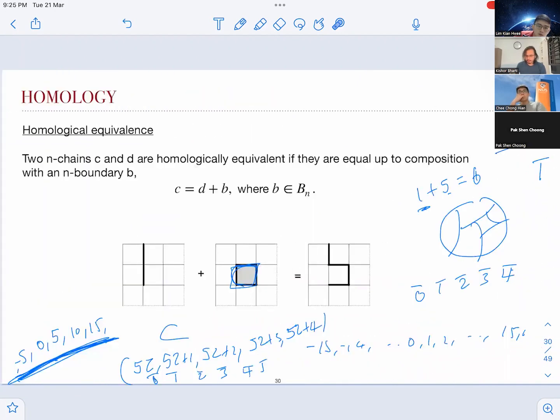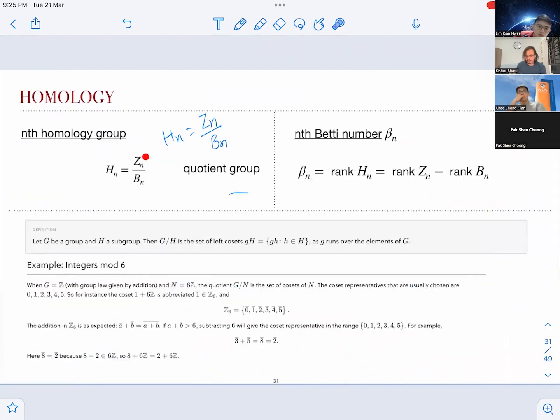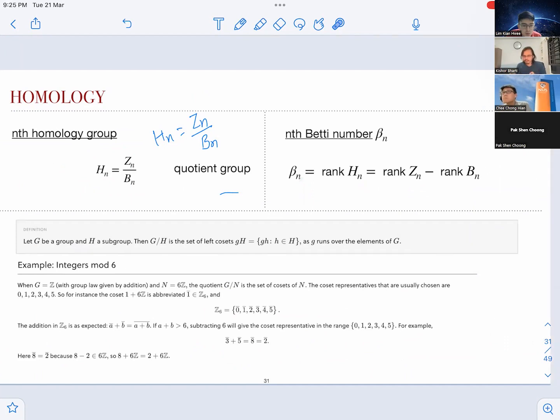And if you quotient the group of cycles by the boundaries, you get the nth homology group. And later we will see that the elements of the first homology group are basically your logical operators. I mean, we will see in the next session. And you see that this beta n, the nth Betti number, is nothing but the rank of the nth homology group. So that's nice. So far, that's what we discussed.